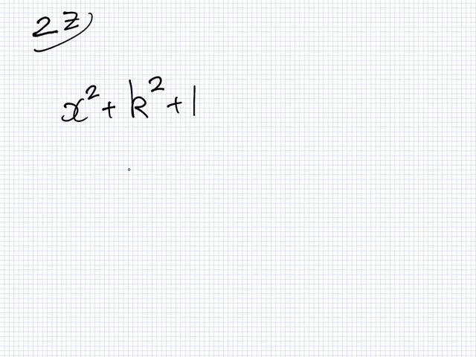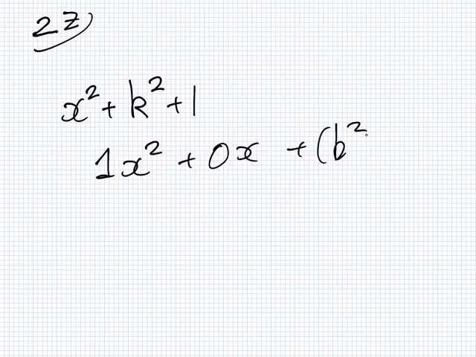Now, when I looked at it, I guess it has no real roots, but I'm pretty sure there's a formula to find out. Yes, as is normally the case here, 1x squared plus 0x plus k squared plus 1. This is the quadratic, written out more explicitly.